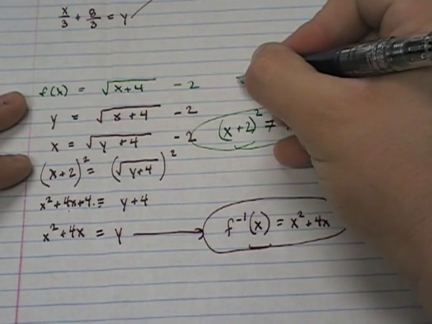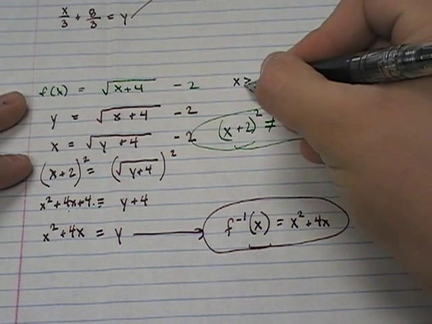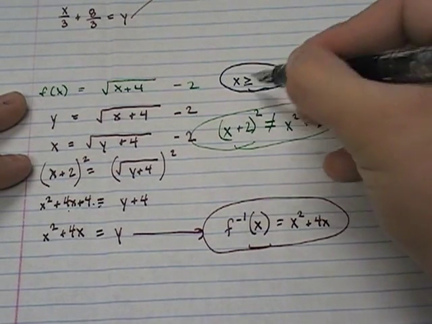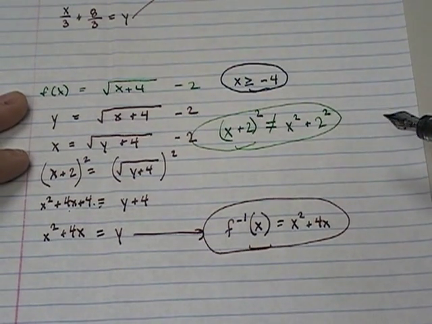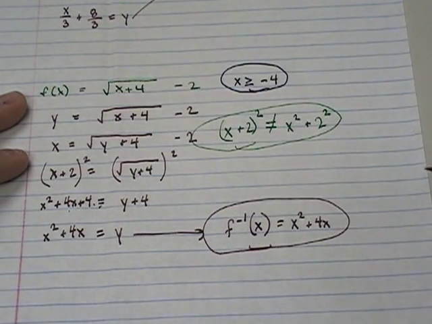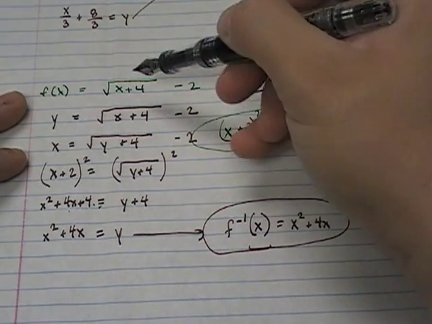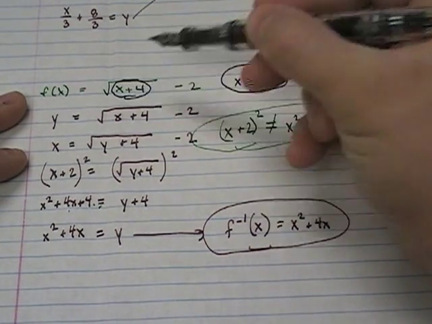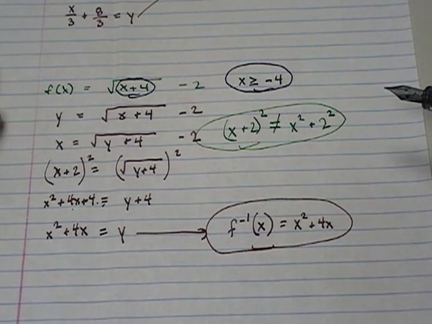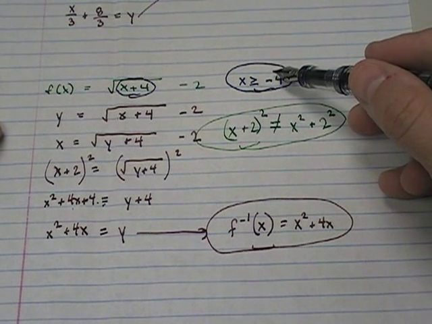So we look at this, and I immediately know that x must be greater than or equal to -4. Okay, I immediately know that. Now, how do I know that? Well, -4 plus 4 gives me 0. Anything smaller than -4 will make this quantity here negative, which will make the original equation imaginary. And I don't want that. So x has to be greater than or equal to -4.